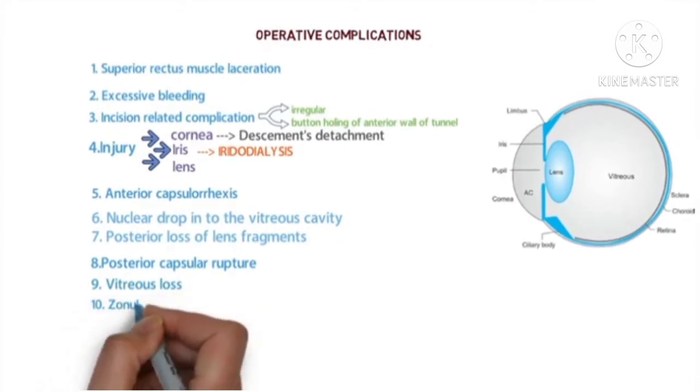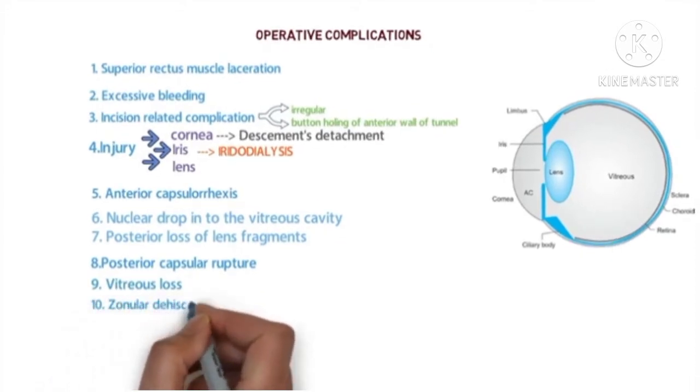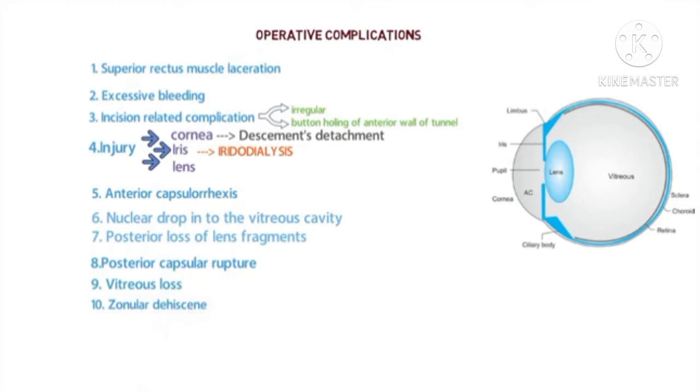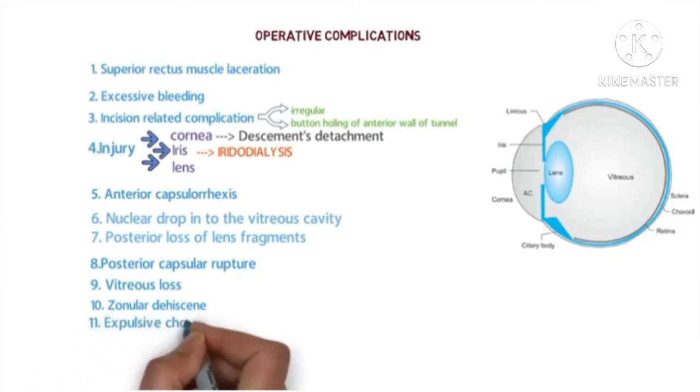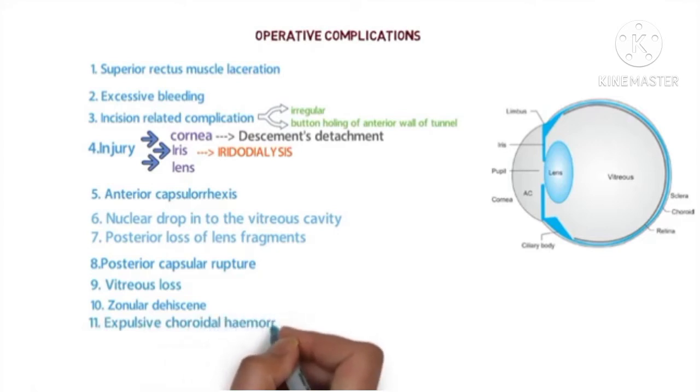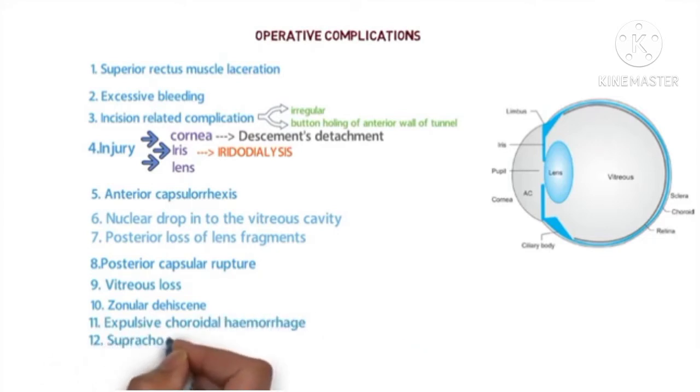There can be zonular dehiscence and at last there is the choroid. Look over here, here we have the choroid, and there may be expulsive choroidal hemorrhage or suprachoroidal hemorrhage.